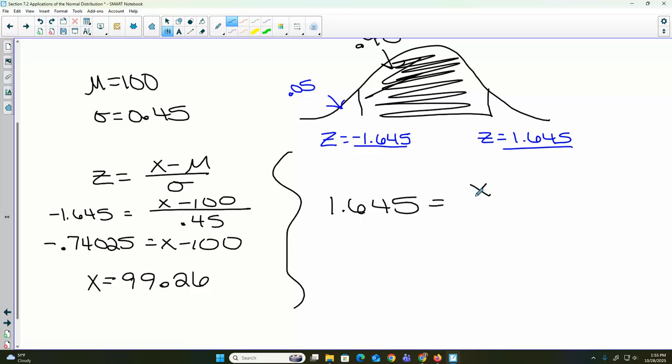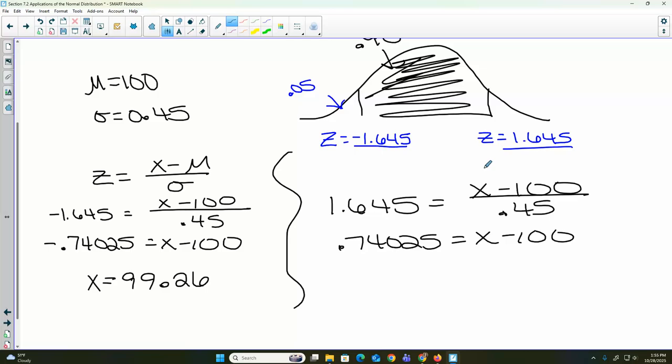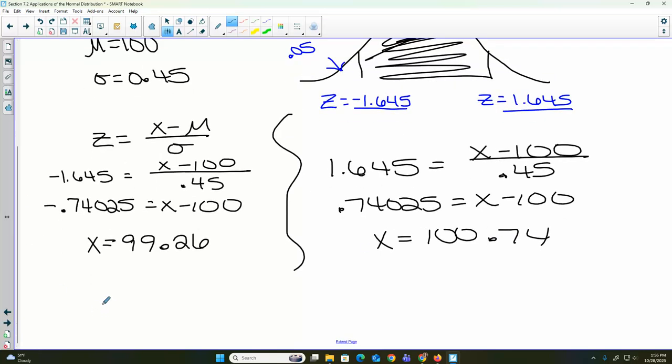When I do the upper, so we want to know the lengths that make up the middle 90%, so anything between 99.26, what are my units, do I know, centimeters?